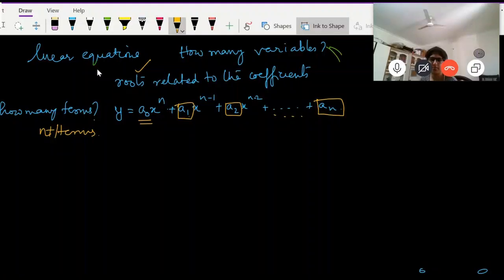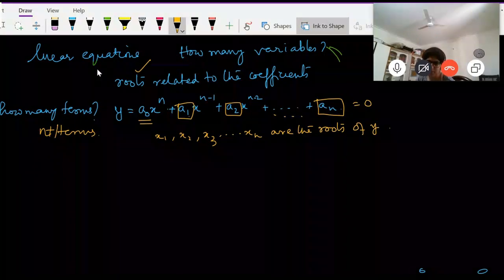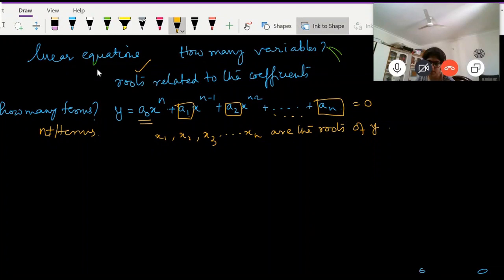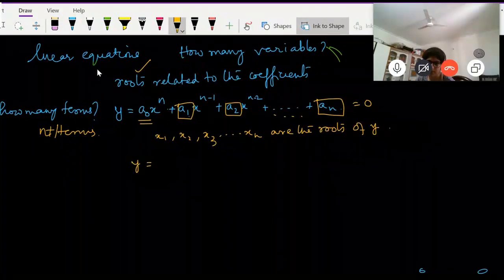Now let us assume that x1, x2, x3 up to xn are the roots of the equation y equal to 0.